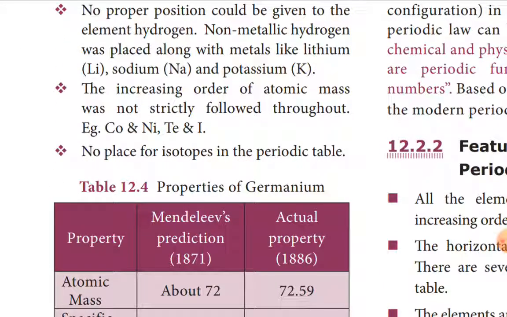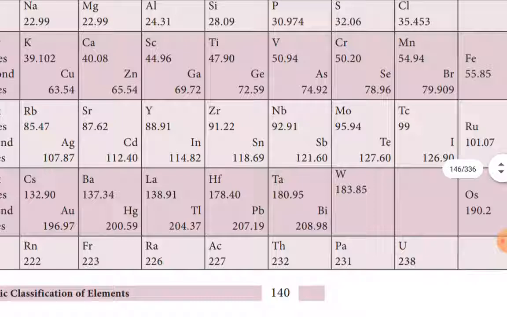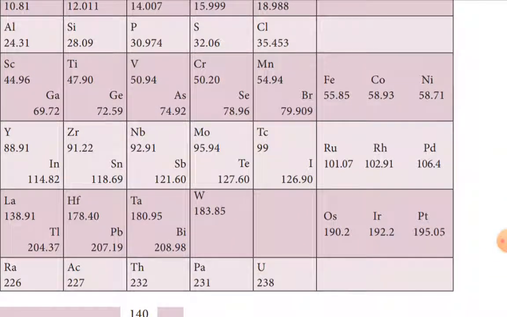Then, the increasing order of atomic mass was not strictly followed throughout the periodic table, so some of the elements were wrongly placed. For example, cobalt, nickel, tellurium, iodine. See the last column: Co, cobalt, and nickel, Ni.